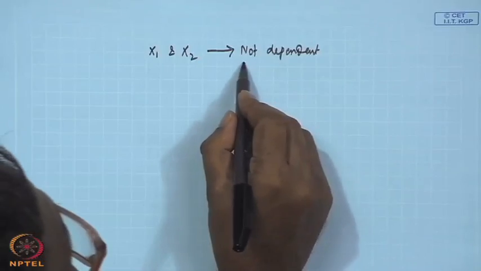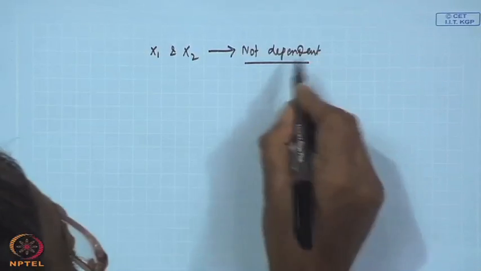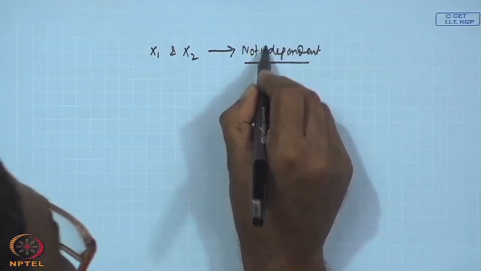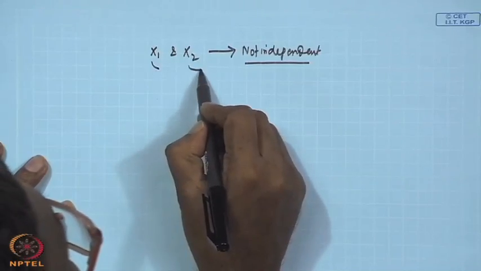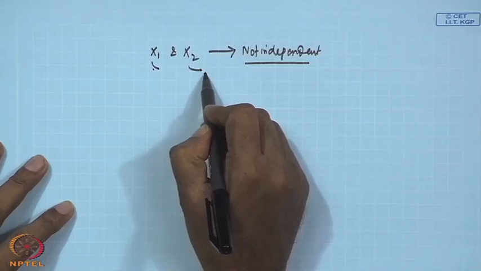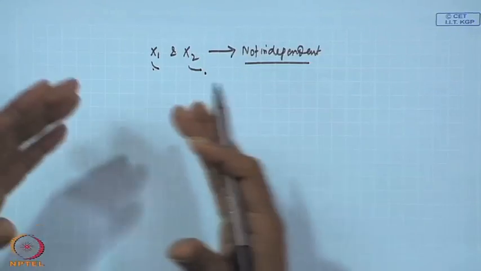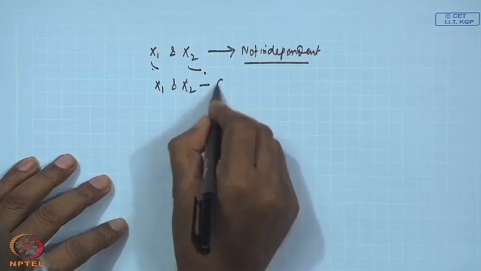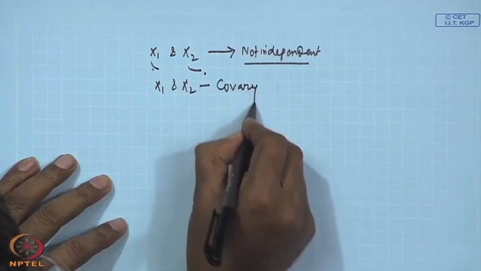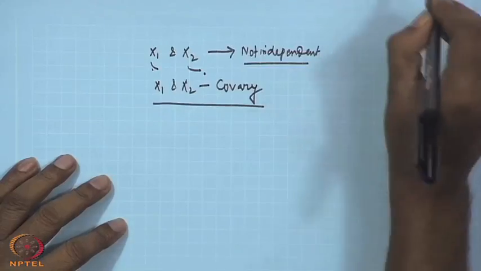So when x1 varies, x2 also varies. Their simultaneous variability is known as co-variation: x1 and x2 co-vary, they simultaneously vary.